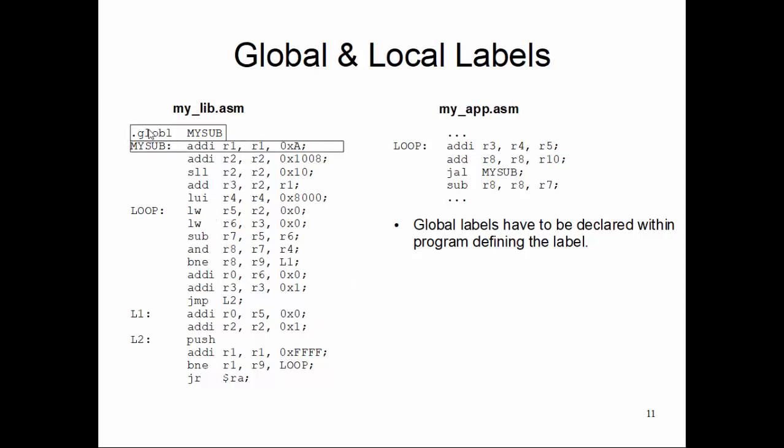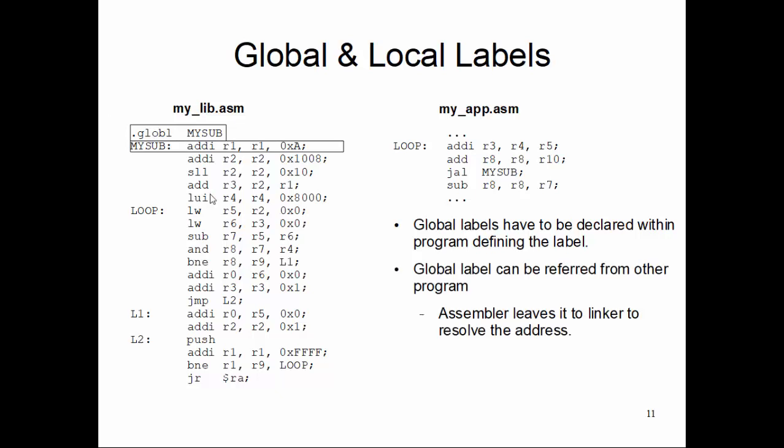All right. So here my sub is a global, and we are defining that global label in this source code, and a global label can be referred from another program, for example here, JL my sub. The assembler leaves it to the linker to resolve its address. So when the assembler assembles this myapp.asm and comes to here, it sees that this label is not yet defined in this code.